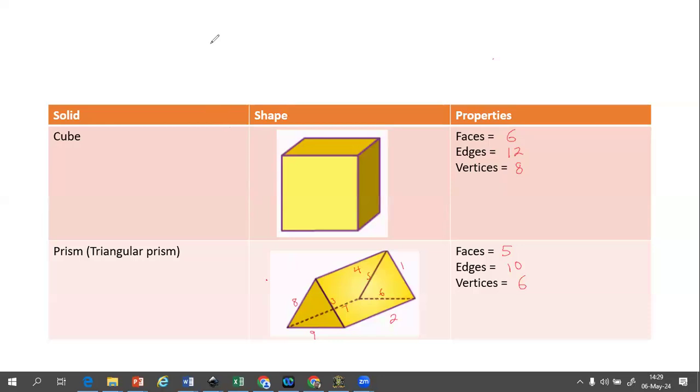There are 10. I wanted to ask, are there 9 vertices? Are they 9 or 10? There are 9. Then where are you getting the 10th one?